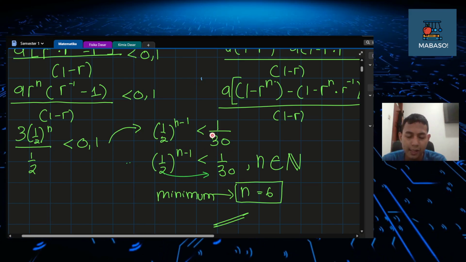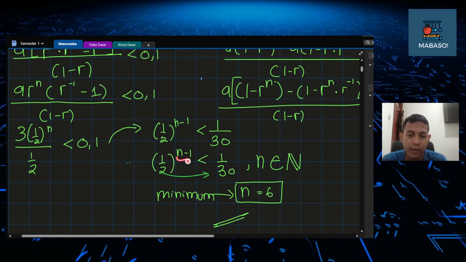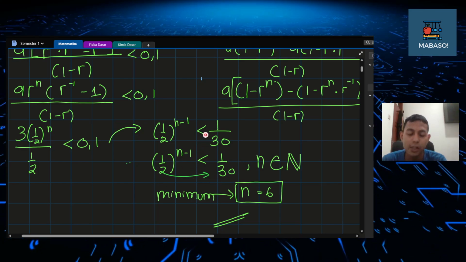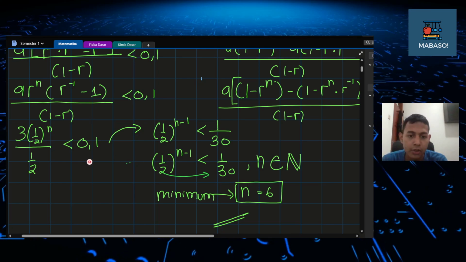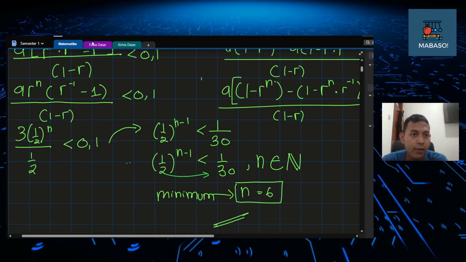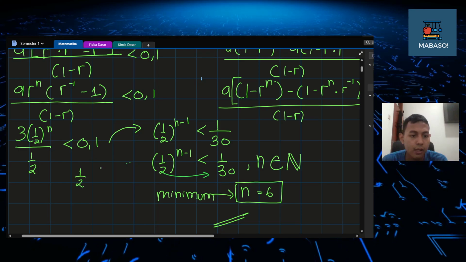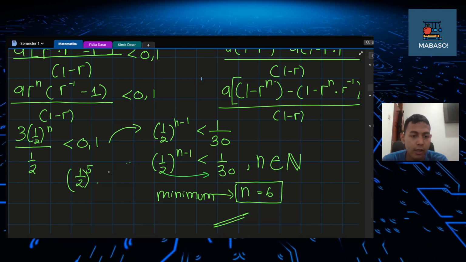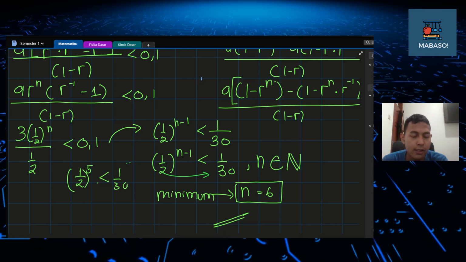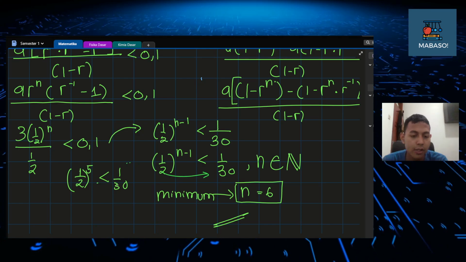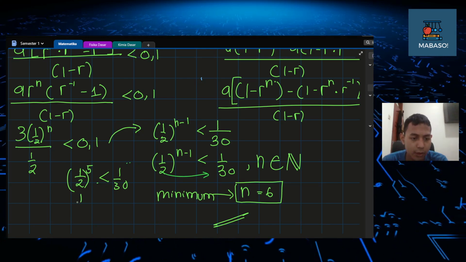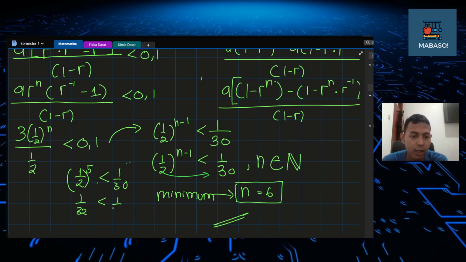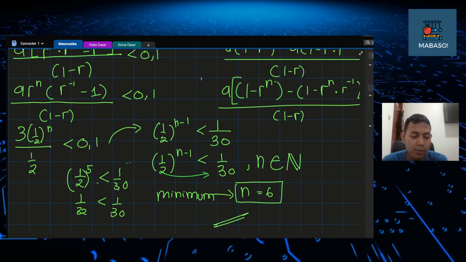So basically we have to find the value of n such that this inequality is true. So if I write a half to the power of 5, is this inequality true? Because this is basically 1 over 32 divided by 1 over 30.